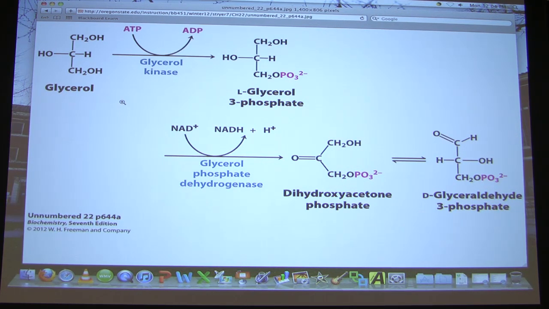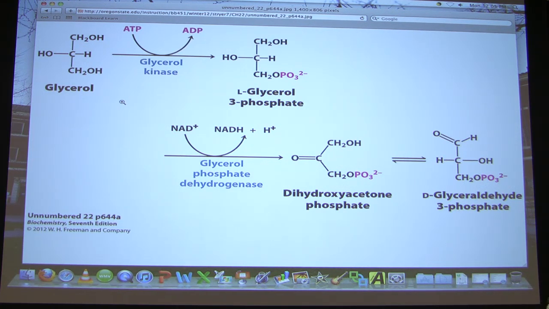That 3-carbon compound can be converted into, in this case, glycerol phosphate, and ultimately into dihydroxyacetone phosphate. Well, of course, once we get to dihydroxyacetone phosphate, we can make glucose through gluconeogenesis, and so if we have two of them, glycerol can ultimately be converted into glucose, and that's the only significant component of fat that can be.